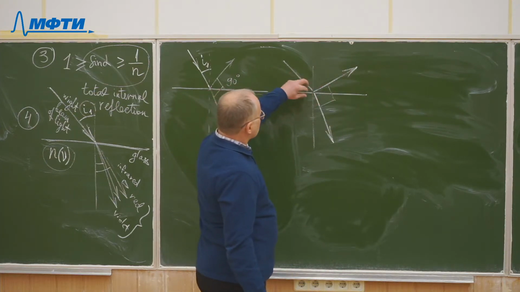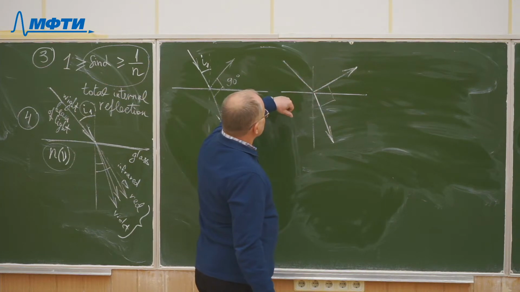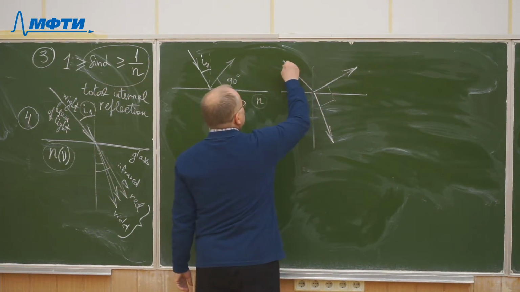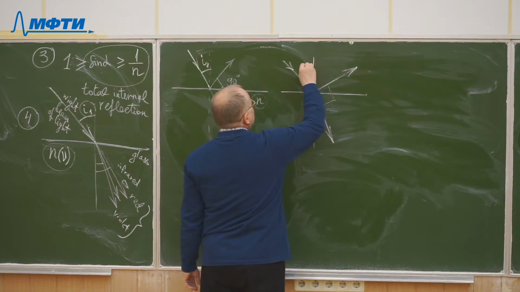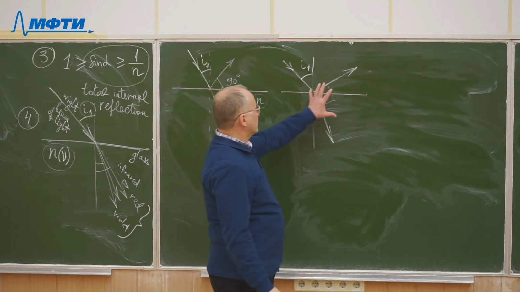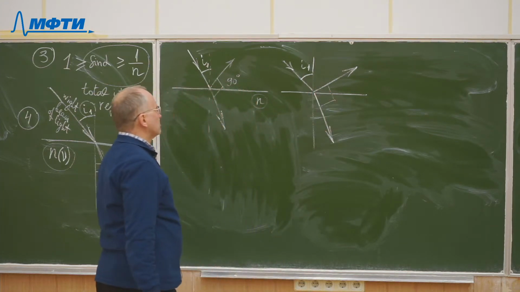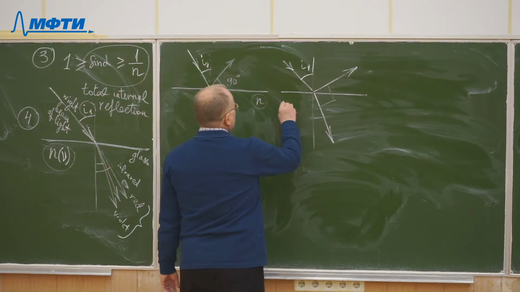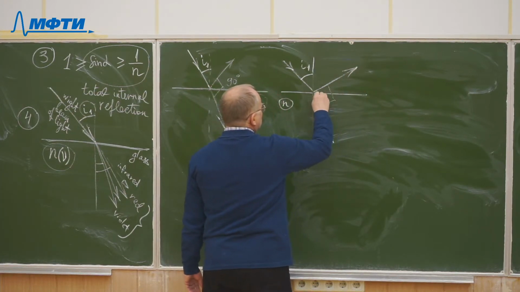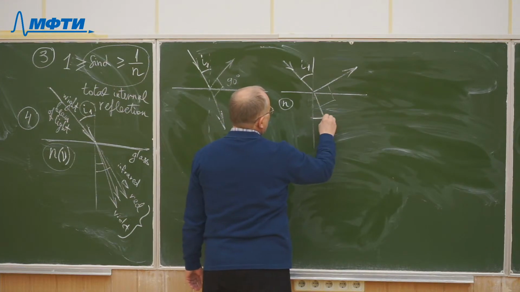These two beams of light are directed at the right angle. And the problem asks, what should be the angle of incidence, I1, so that this situation is realized, so that the reflected beam propagates at 90 degrees to the refracted beam.